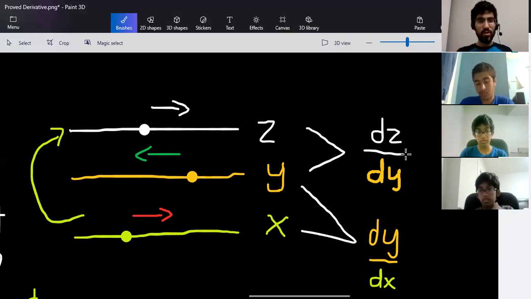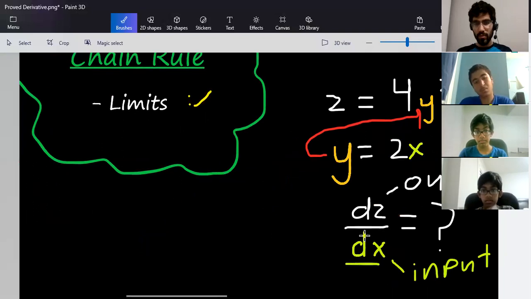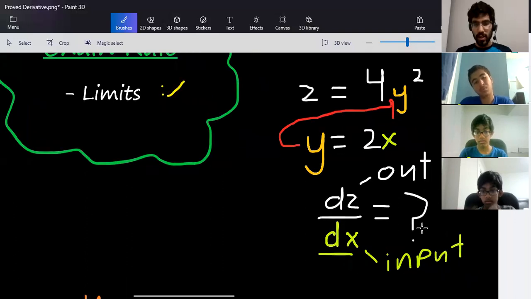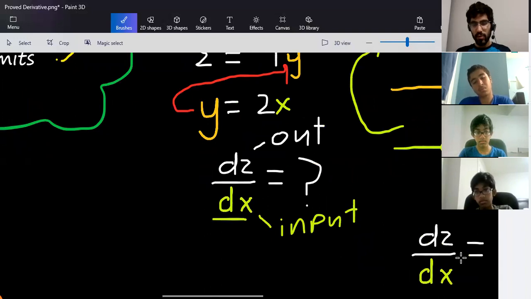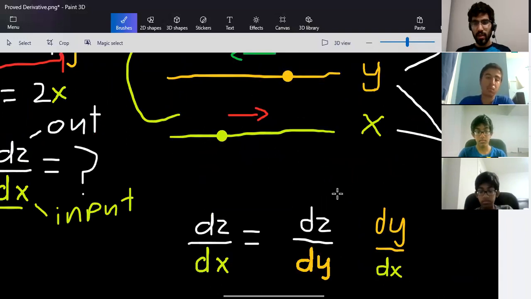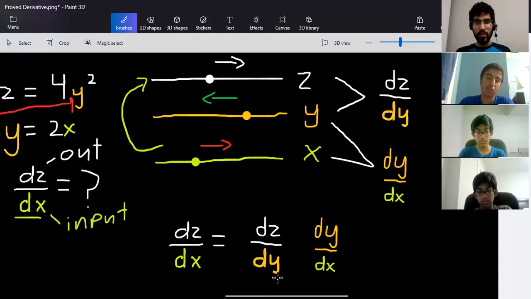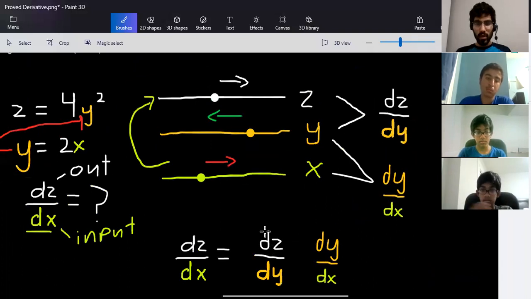So our goal is, remember, from a small change in X, how much does a small change in Z happen? So dz by dx, that's our goal. We want to figure out an expression for this. And the two pieces of information we have are how much there is a change in Z related to Y, and then per unit of change in X, how much does Y change?